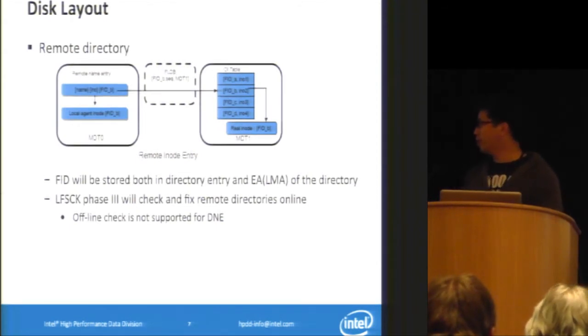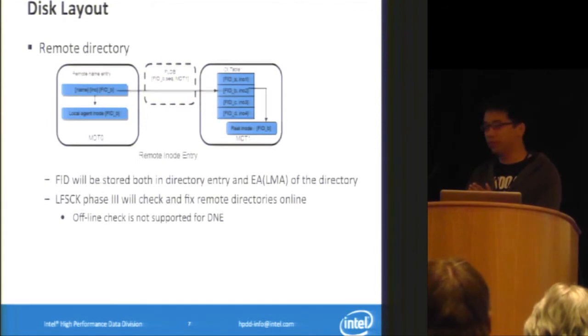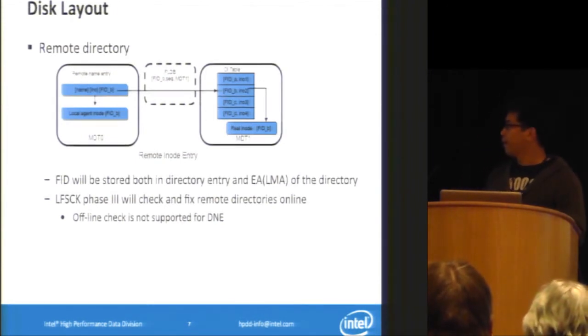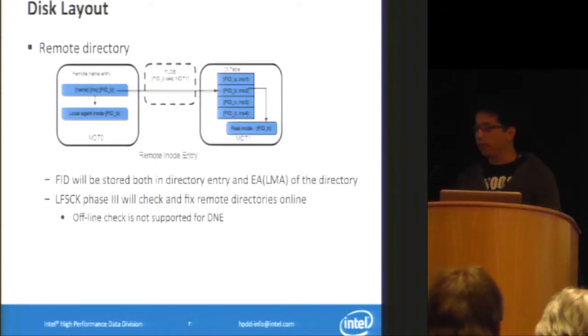As I said, we put the FID into the name entry, but we also put the FID into the LMA, that's the EA of that inode. Especially if you upgrade your file system from 1.8 to DNE, the FID will only be put into the EA of the inode.